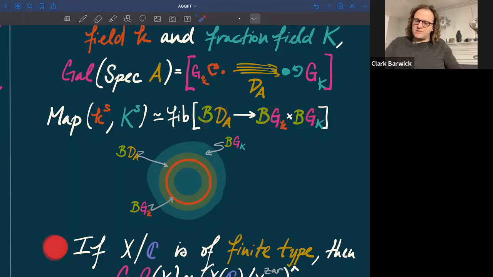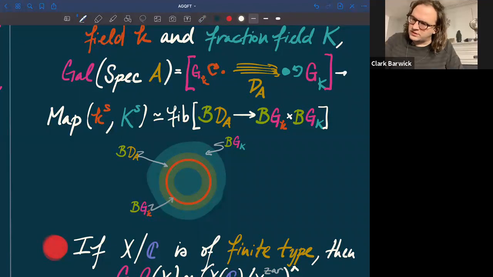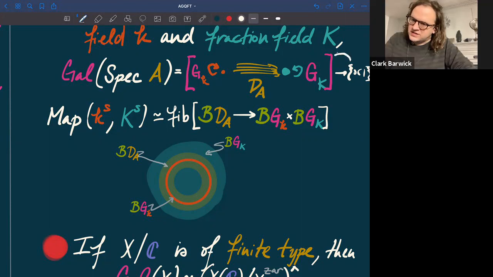Maybe another way of saying it that you'll like better is that I'm looking at the set of sections of, so there's a functor from this category to, say, this poset. It's kind of boring. And I'm looking at the space of sections of this, and what I claim is that that's the classifying space of the decomposition group, and that's always true for any DVR.